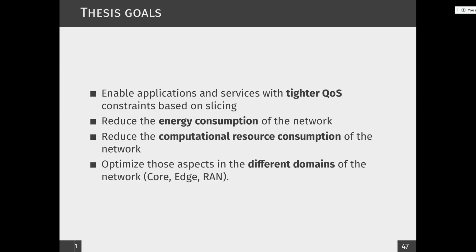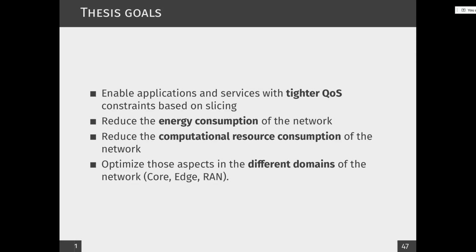So I will start with stating the goals of my thesis. There's a few. The first one is to try to enable applications on mobile networks with tight quality of service constraints. So think delay, jitter, these kind of constraints. Also, the other goal is to try to reduce the energy consumption of the network and the computational resource consumption of the network.